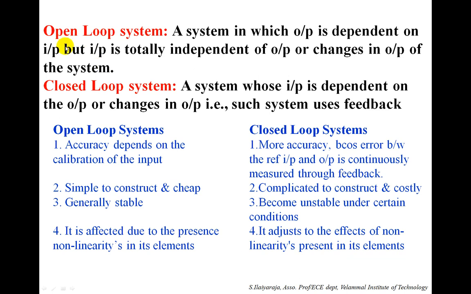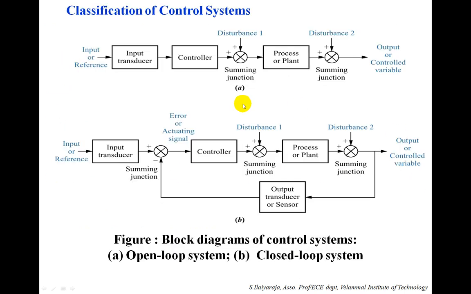So you have an open loop and closed loop system. You can see in open loop you are giving input that is given to a controller, and disturbances, which are the non-linearities or any noises, will be added along with the input and will appear in the output.